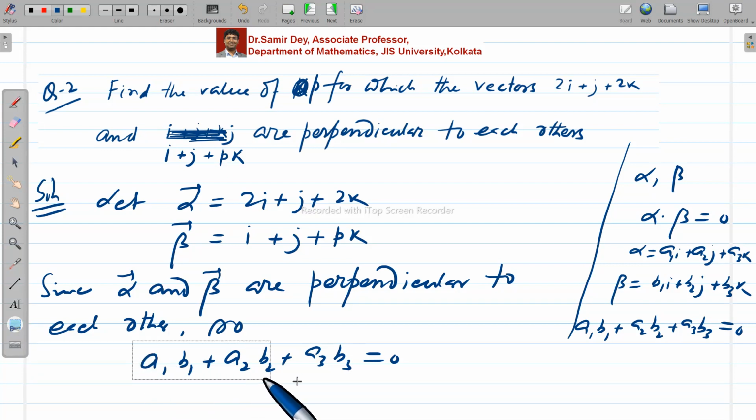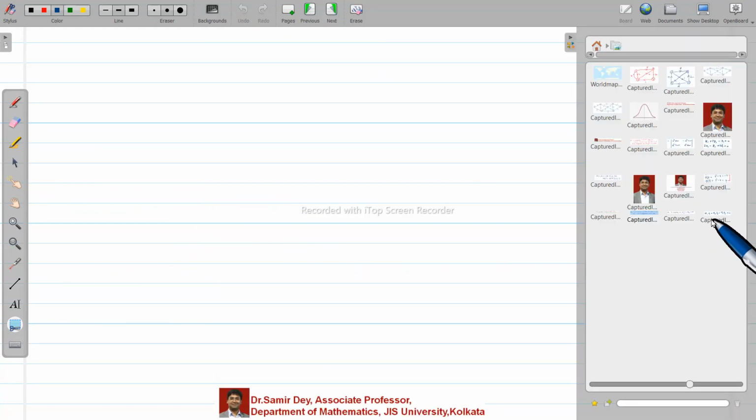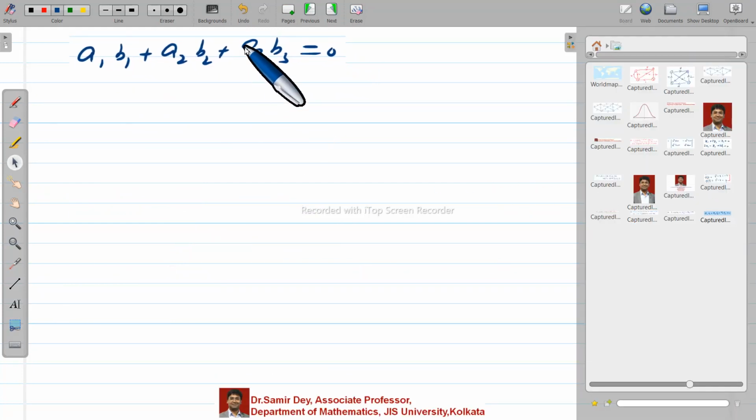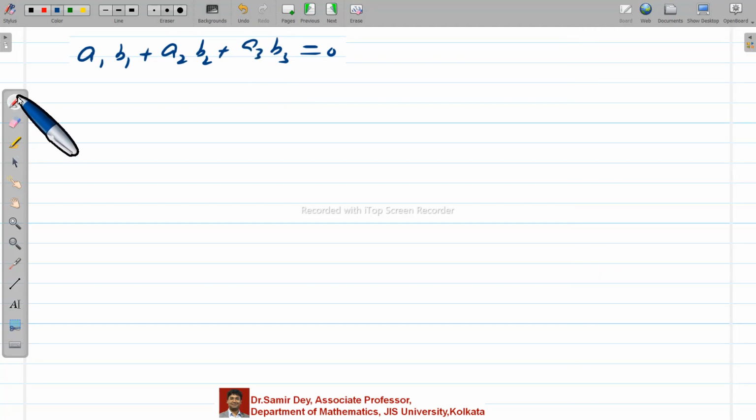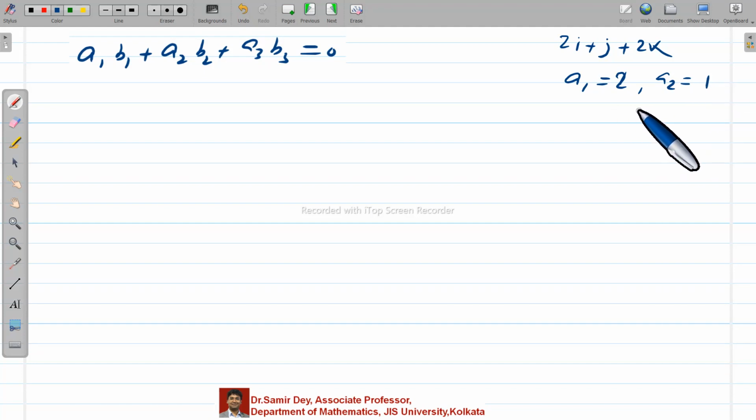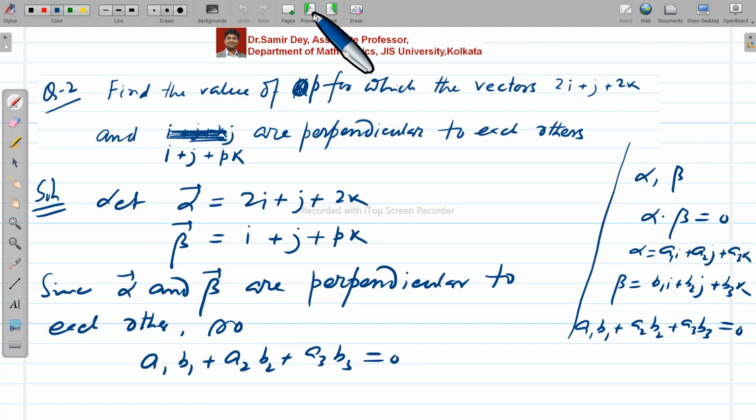Now we can move to the next slide. We first need to find the values of a1, a2, a3, b1, b2, b3. The first vector is 2i plus j plus 2k, so a1 is 2, a2 is 1, a3 is 2.